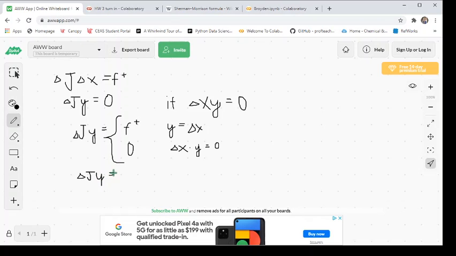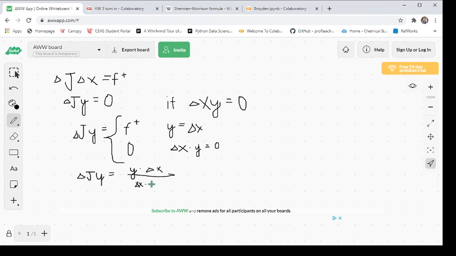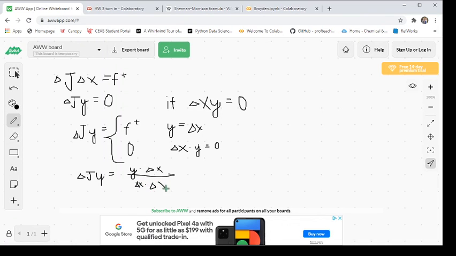Right. And then additionally, we can write that our change in the Jacobian times y, over the norm, or delta x times delta x, which satisfies this set of equations here, where delta x times delta x is the norm, or the length of the vector squared.